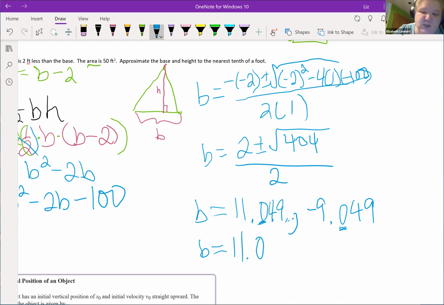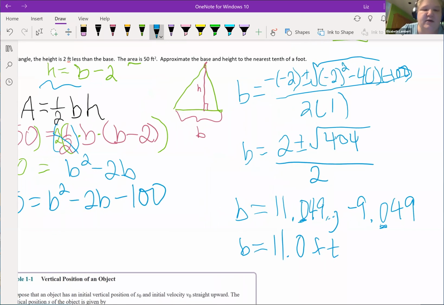And the area was feet squared, so this is feet. So it's got an 11-foot base. And then take it back to the height is 2 less than the base. So if the base is 11, 11 minus 2, our height is 9.0 feet. Now normally that would actually round, but so 11 times 9 is 99, divided by 2 is 49.5, which is pretty close to 50.